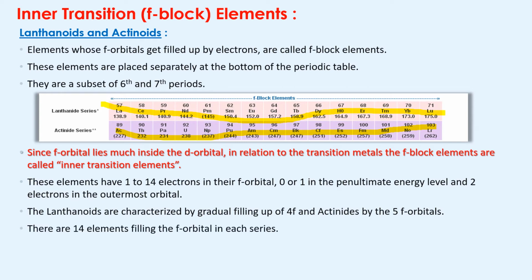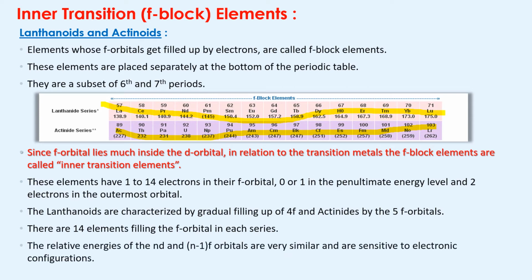In each f orbital 14 electrons can be accommodated, and there are 14 elements filling the f orbital in each series, means lanthanides have 14 elements as well as actinides having 14 elements. Okay, and the relative energies of nd and (n-1)f orbitals are very similar and are sensitive to the electronic configuration.